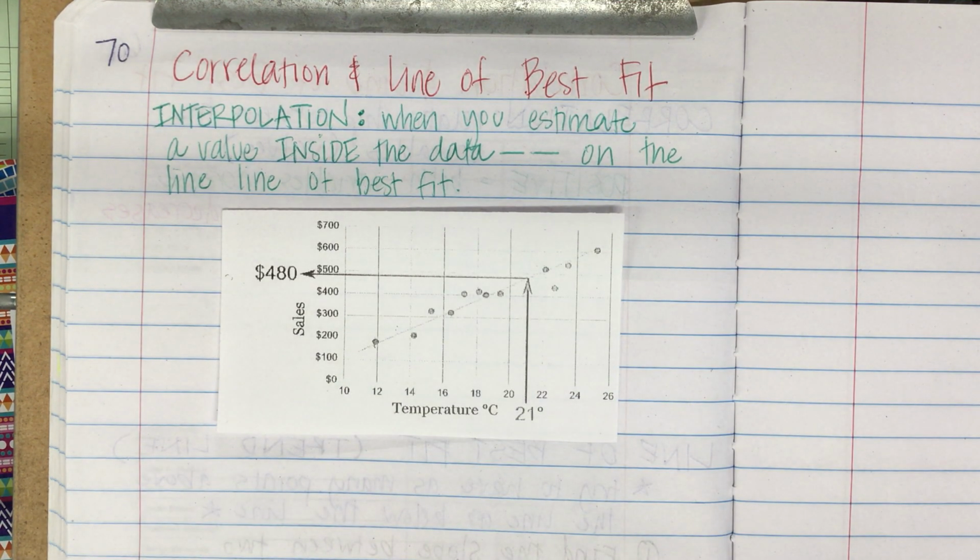That's interpolation. I collected all this data, and somehow I didn't collect any data when it was 21 degrees outside. My bad. But because I see this has a positive correlation, I can use the other pieces of data to help me make a prediction.